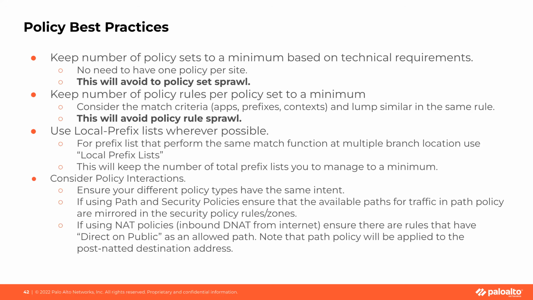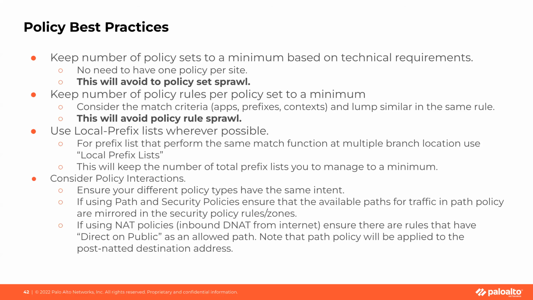And it's important to consider policy interactions. We do have different policy types, but they all play into each other. So you have to ensure that your policies match the same business intent that you have. This particularly applies to security policies and path policies when used in conjunction.